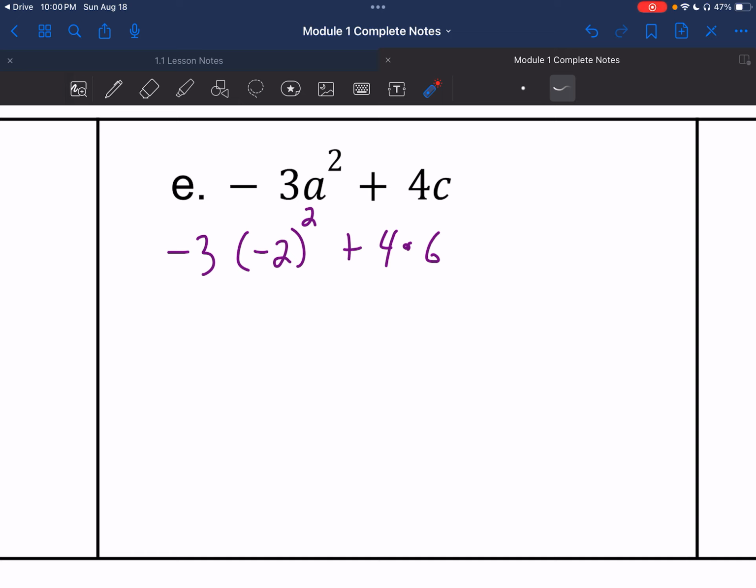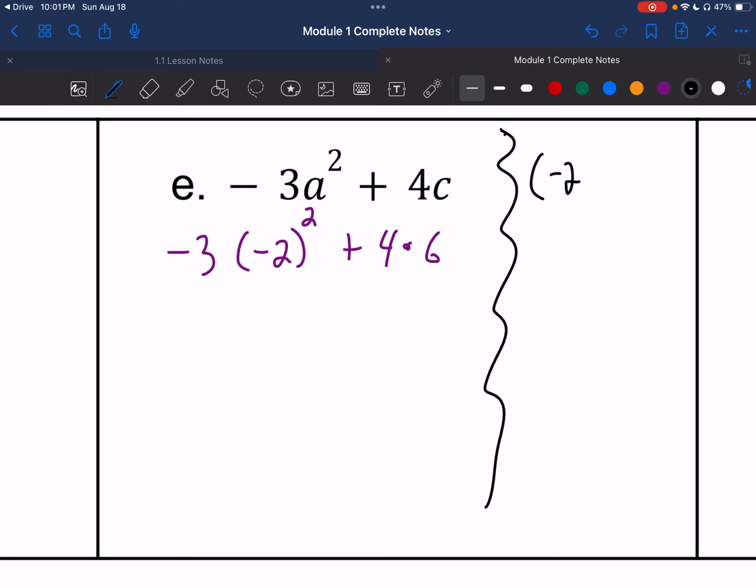Meaning, if you type in, so let's just do a little calculator lesson off to the side here, that parentheses -2 squared does not equal -2 squared when you type it into your calculator. The reason why is, in this version, on the left, the entire thing, the negative sign and the 2, is being squared, because when we square it, we're saying -2 times -2, which would give us a +4.